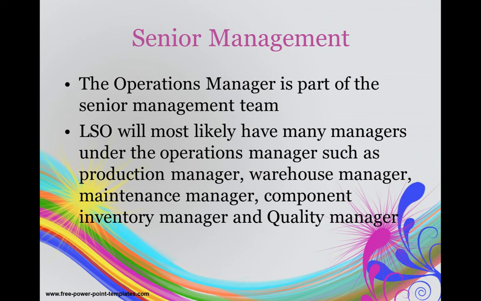Senior management. The operations manager is part of the senior management team. An LSO will most likely have many managers under the operations manager, such as production manager, warehouse manager, maintenance manager, component inventory manager, and quality manager.